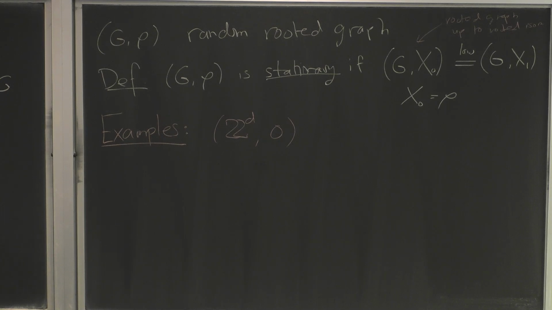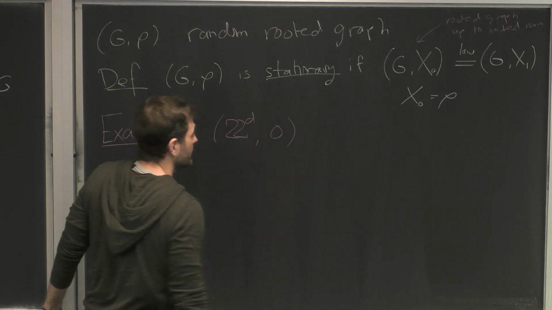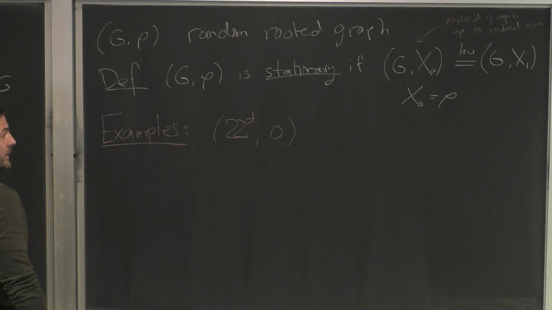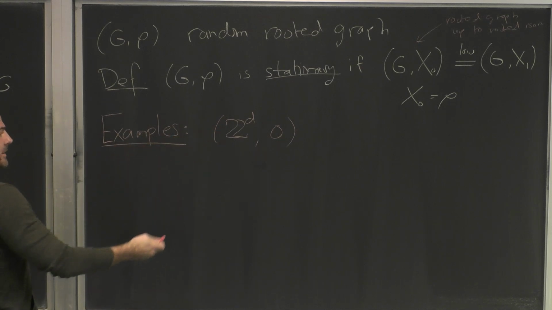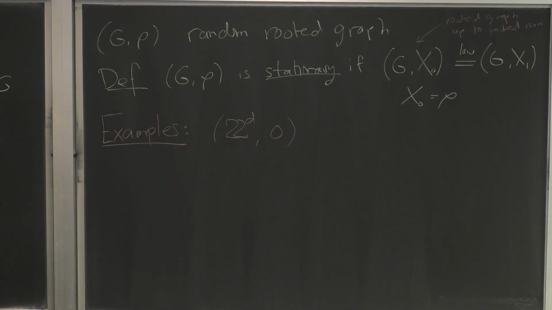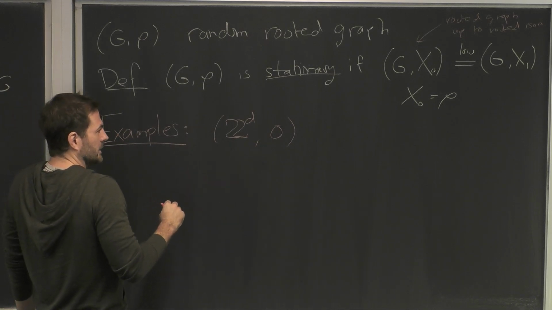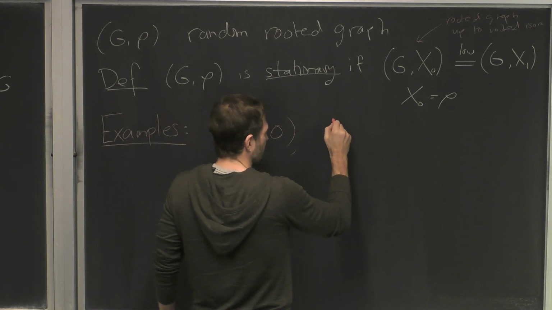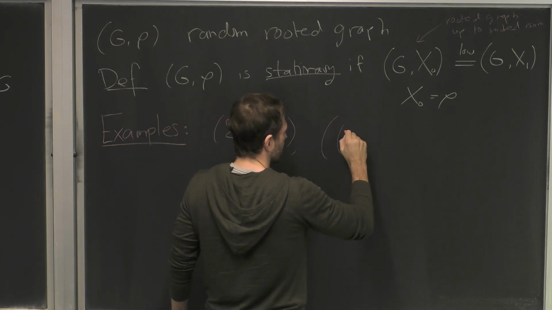Just because if I fix the graph at any root, then the two sides are just a law with an atom at this particular isomorphism class. That's maybe not so interesting, but another example would be if we do the same thing.